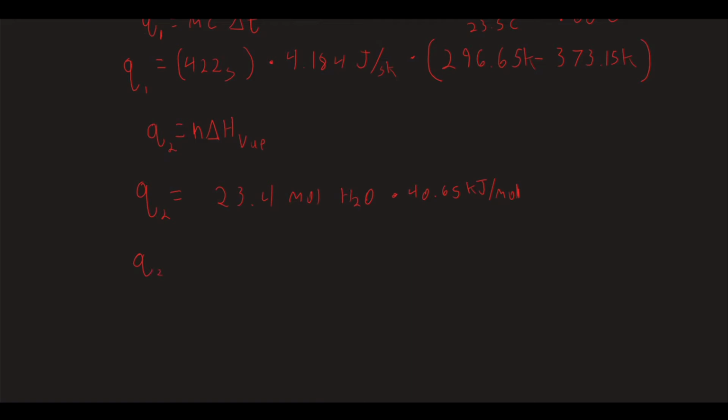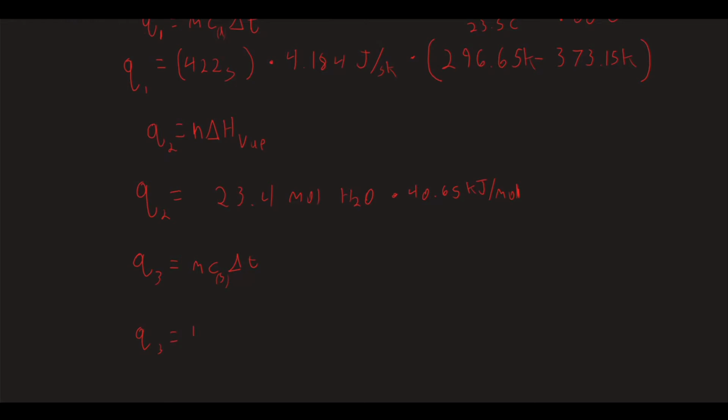So Q3 will equal the mC delta T, but specifically we will need the C, or the specific heat of the gaseous state, and this one would have used the liquid state. So let's write that down.